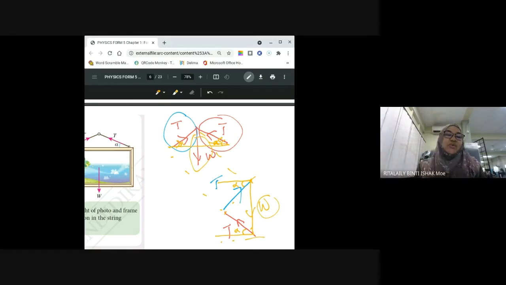But if this question asks you by using triangle of forces, or by using parallelogram, determine the value of W, then you cannot use calculation. You need to use the drawing method. Okay, boleh?